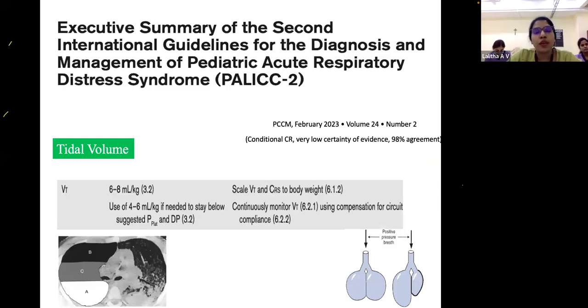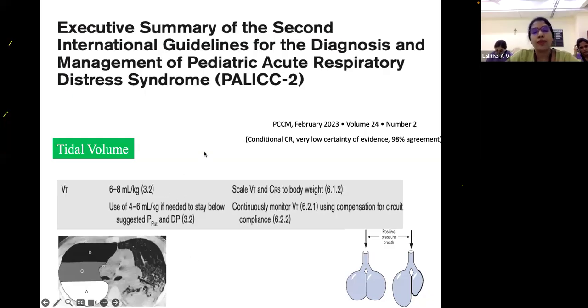So what does PALICC-2 recommend? PALICC is the pediatric international guidelines for diagnosis and management of ARDS. It recommends 6 to 8 ml per kilo of ideal body weight for tidal volume.